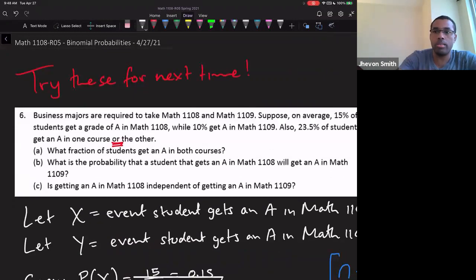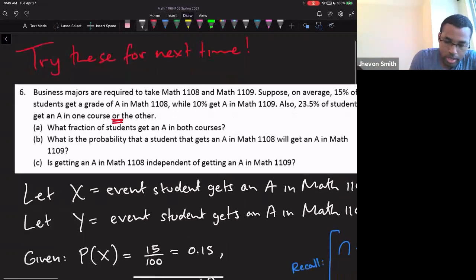What do we want here? This is the intersection now, because you want and, right? To get an A in both courses means you get an A in 1108 and in 1109, right? So here, you actually want the intersection.